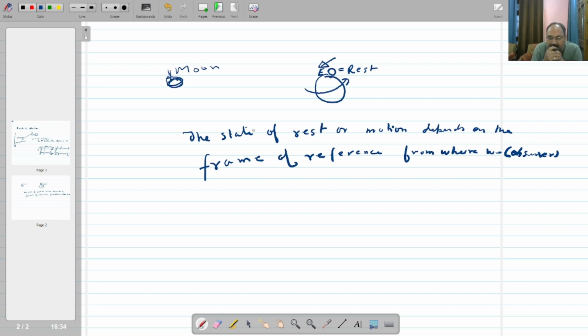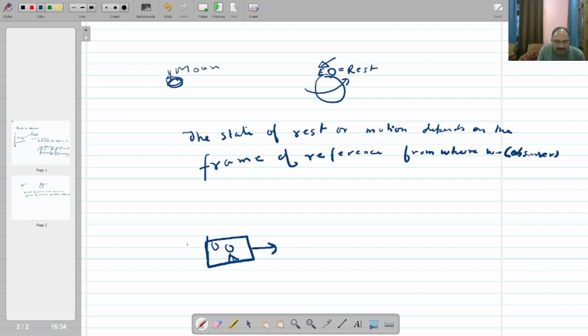इसमें हम कभी नहीं कह सकते हैं कि एक व्यक्ति दूसरे व्यक्ति के लिए सही है या गलत है। मान लीजिए श्याम एक ट्रेन में बैठा है, see there is a train which is moving in this direction, and Shyam is sitting over here.